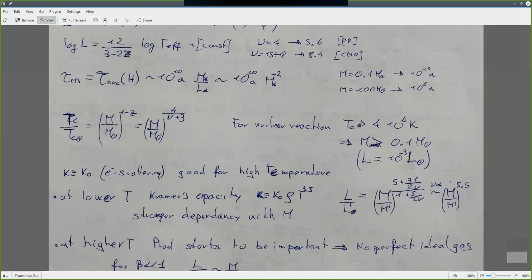Putting this condition inside, we got, as I said, that we need at least a minimum of 0.1 solar masses to start to produce the nuclear reaction. Then with the luminosity really low, just 1,000th of the luminosity of the sun.